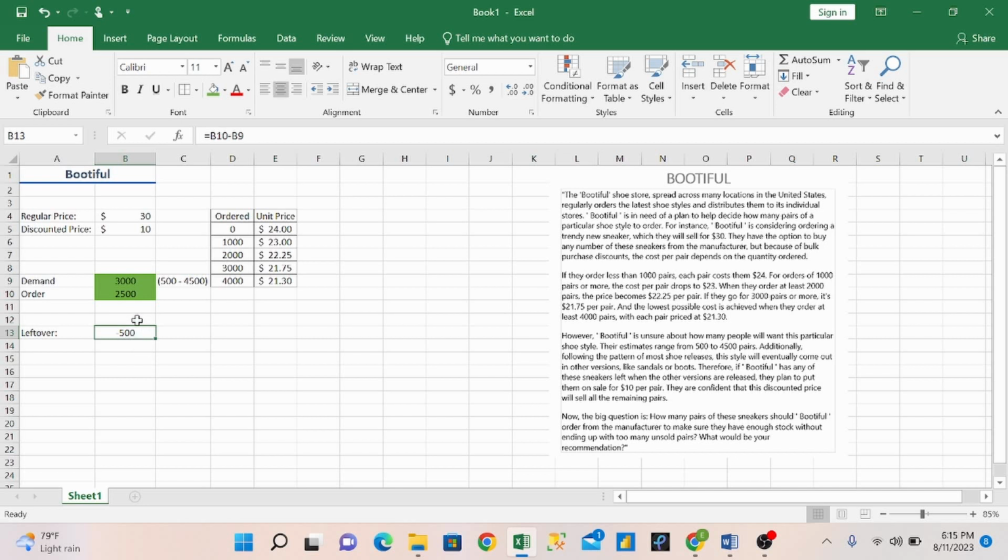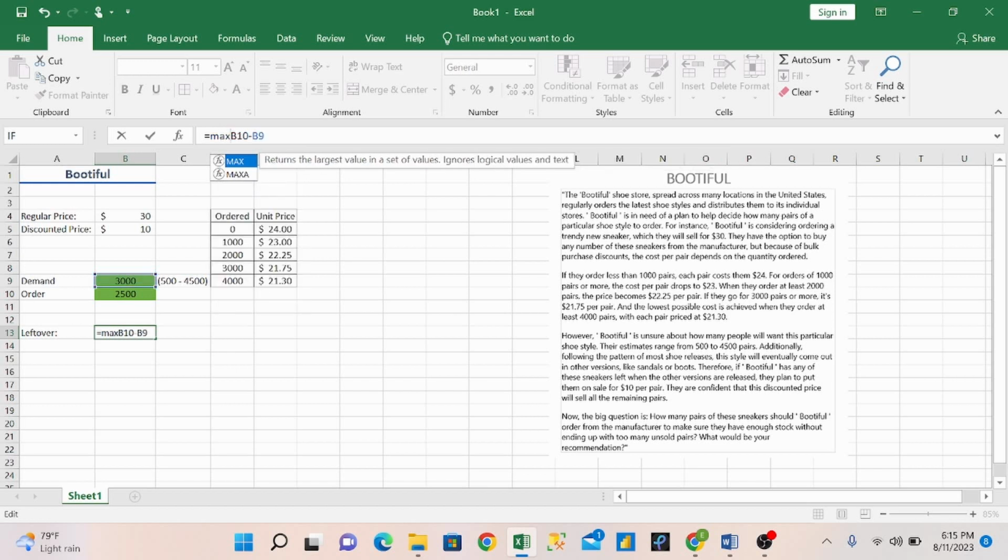So I'm going to show you two ways of doing this type of calculation without returning a negative in this leftover cell. The first way is to use the MAX: take the max of the difference, then 0.